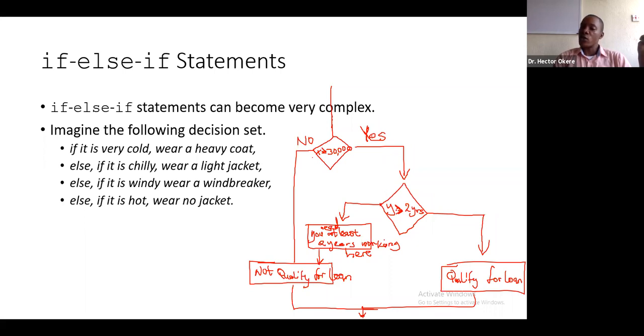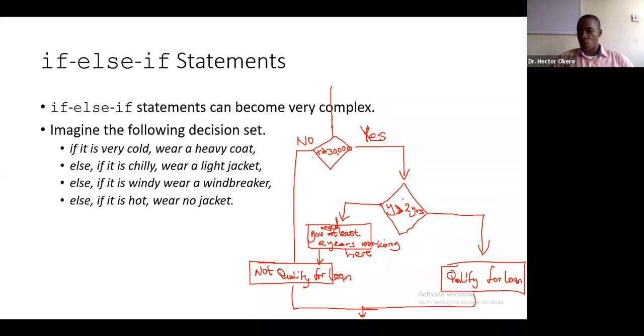But have you worked here for 2 years? Yes, then okay, you qualify for loan. Okay, so now this is an example of if and else if. So if you are to read this, if X is greater or equal to 30,000, this will execute, right?